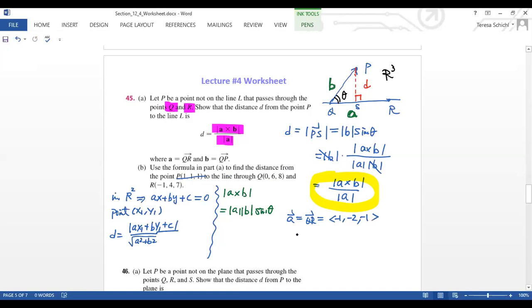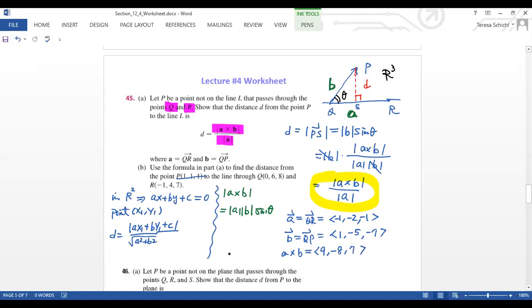And B is QP, so it will be (1, -5, -7), right? Then you can just go ahead and find A cross B. Here, A cross B is (9, -8, 7).